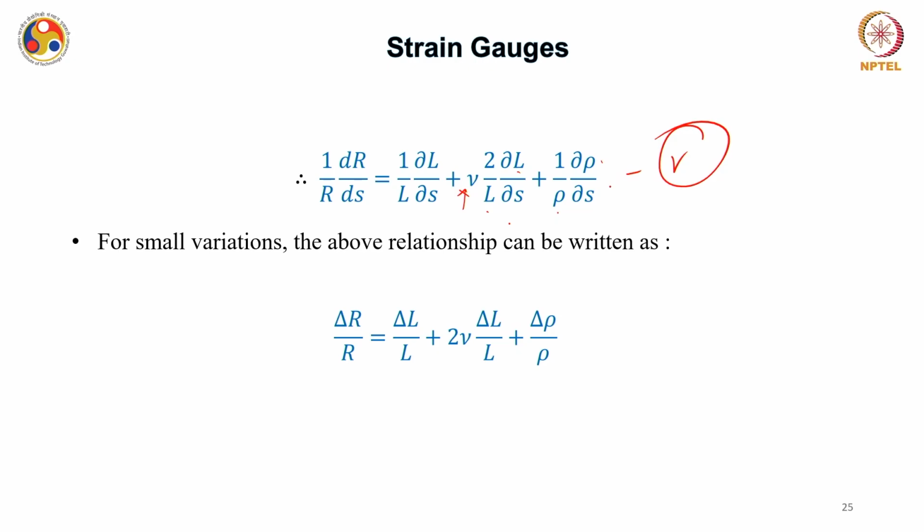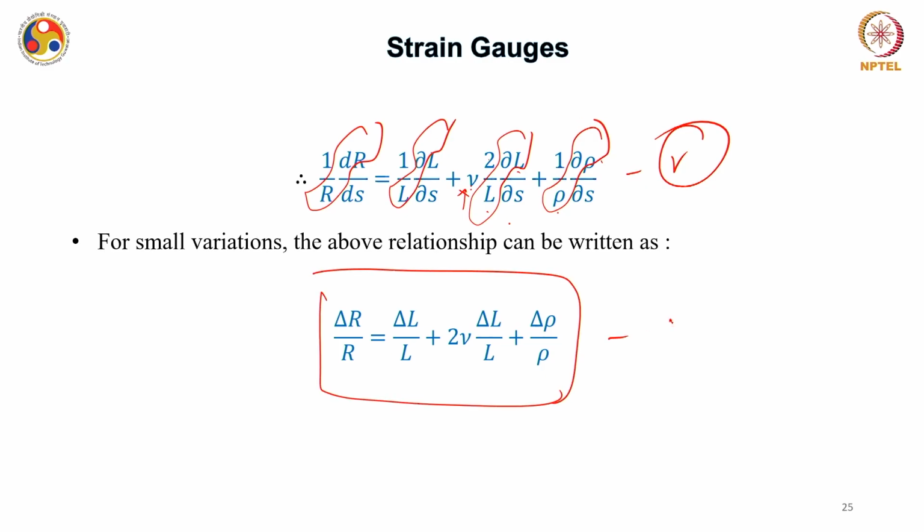So for small variation, this relationship can be written as del R by R equal to del L by L plus 2 into Poisson's ratio into del L by L plus del rho by rho. This equation is very important for our strain gauges. So, change in the resistance value is equal to del L by L plus 2 into Poisson's ratio into del L by L plus del rho by rho.